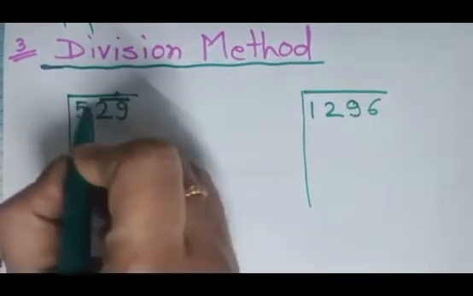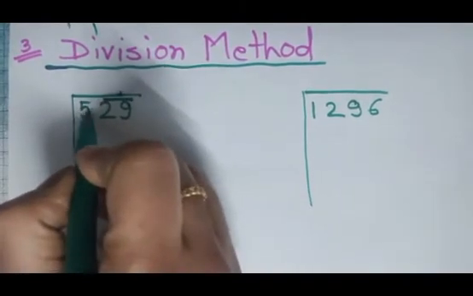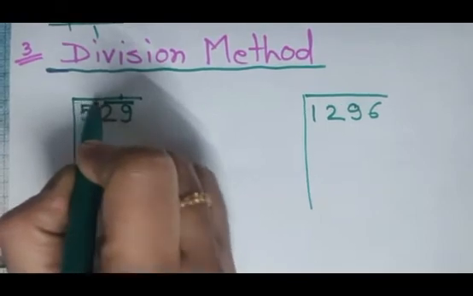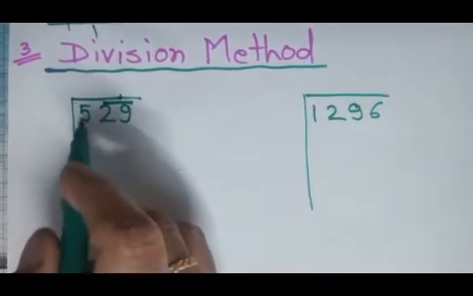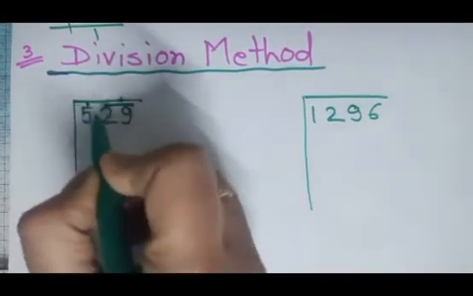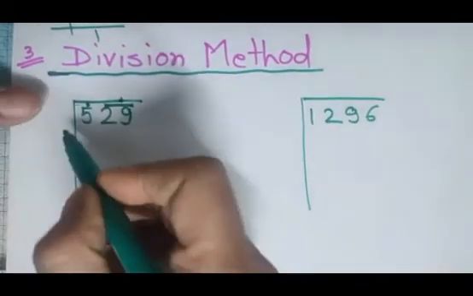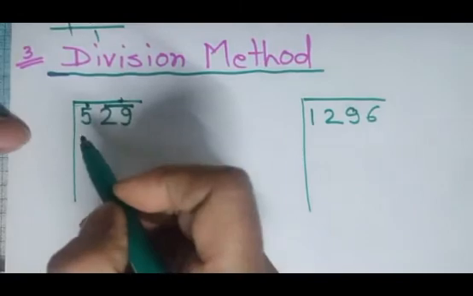29 will be in a pair. If you have another 2 digits here, then we will make a pair of both the digits. But here we have only a single digit, so we will take it as a single number in place of a pair.